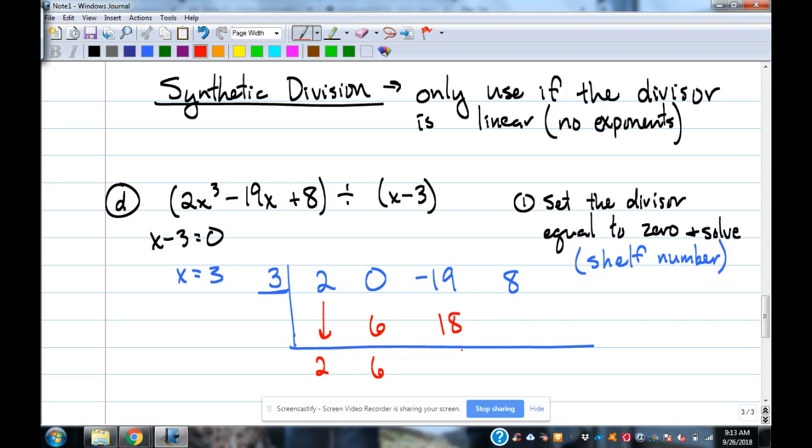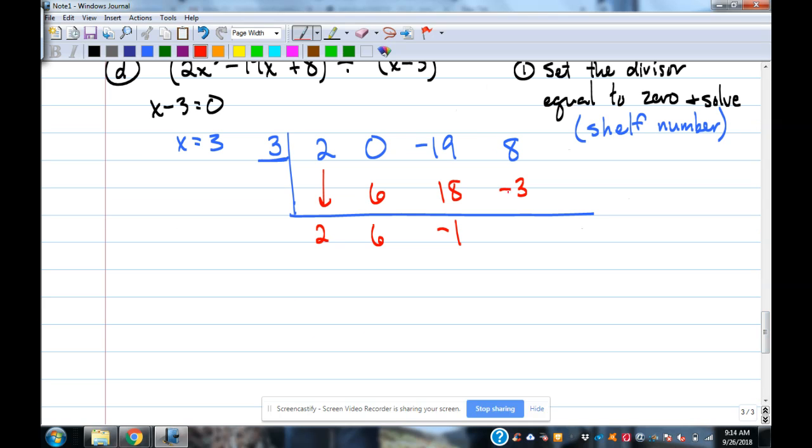Goes there. Then we add negative 19 plus 18. Negative 1. Drop it down. Negative 1 times 3, negative 3. We add those. 8 plus negative 3 is 5.